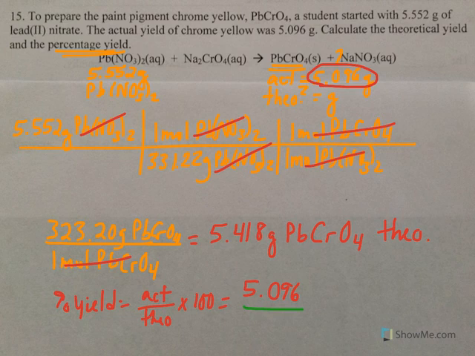Probably can't see that very well, so let me change colors. There. And that was 5.418 grams, and we multiply that by 100, and we get 94.06%. So that's our percent yield.